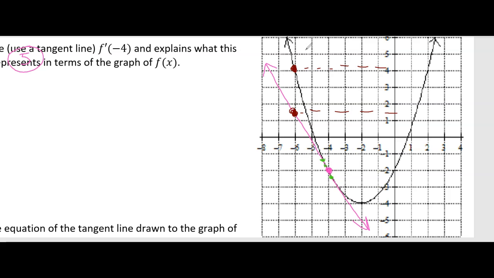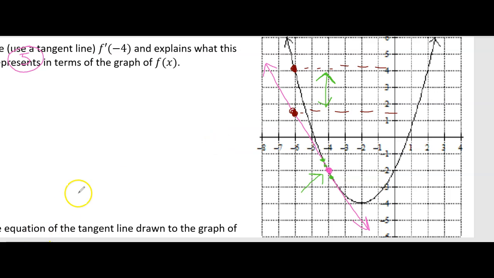So if you choose an x value that's very close to the point of tangency, the tangent line is going to be a pretty good estimate of the actual value of the function at that point. But the further away you get, right? When we were up here, the difference between the y value for the tangent line and the y value for the function, that gap got larger and larger as you got farther and farther away from this point of tangency. But if we choose an x value that's very, very close, we can get a pretty good estimate for the value of the function at that point.